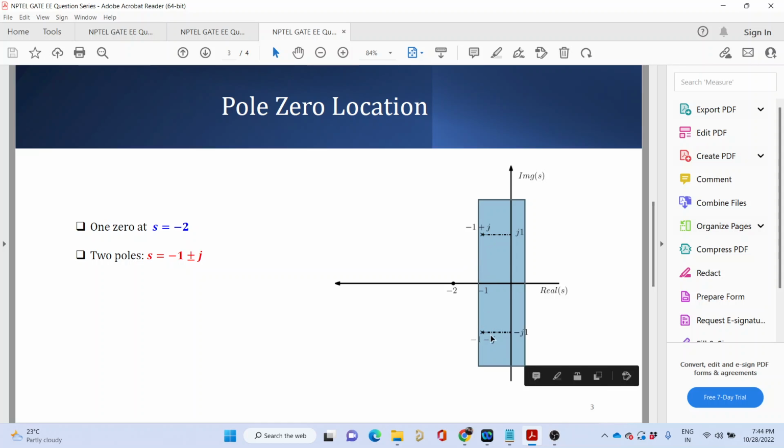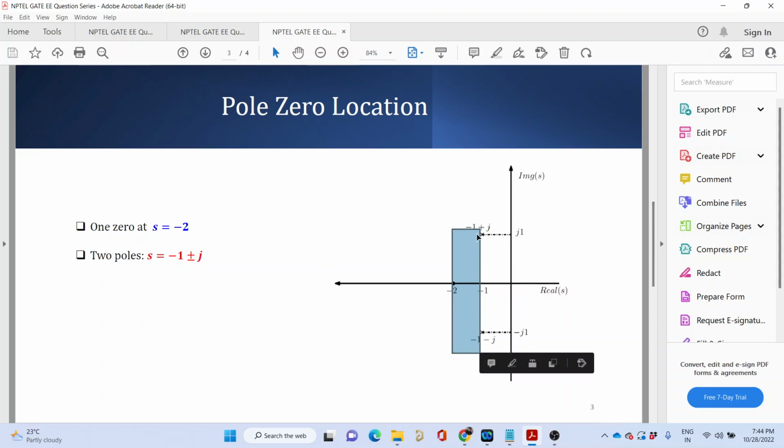Why? Because there are two poles over here, and to the right of these two poles there is no pole. There is zero number of poles or zeros, so that is even. So if I am considering this region, to the right of this region there are two poles. So root locus cannot exist over there. So root locus can only exist in this region.